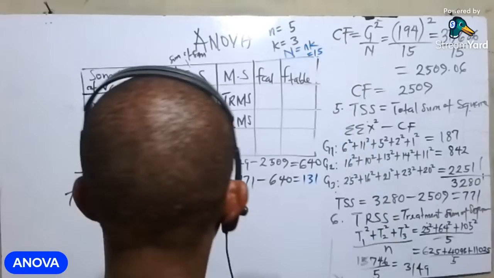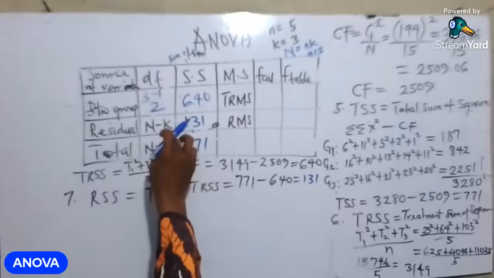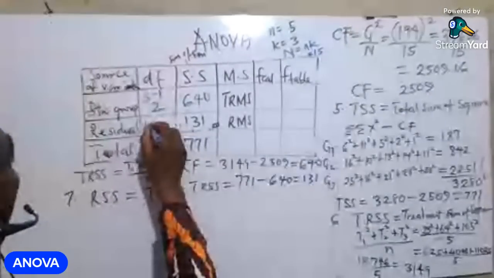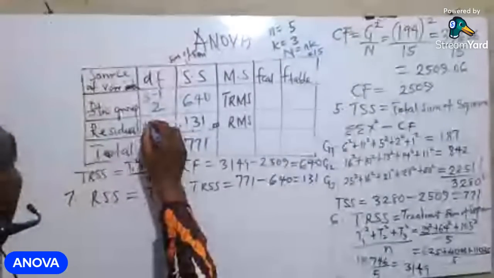I think you remember that. So N minus K is 15 minus 3, and that will give us 12.